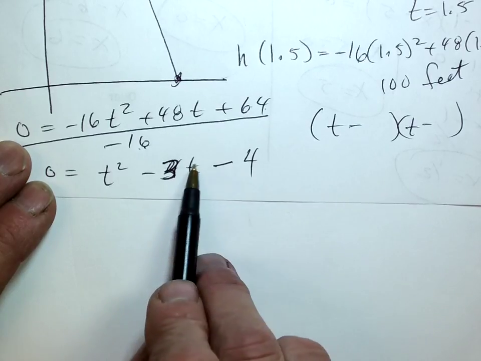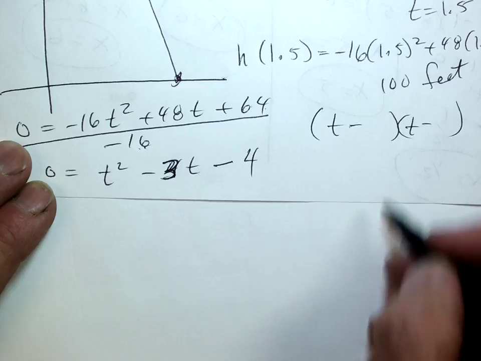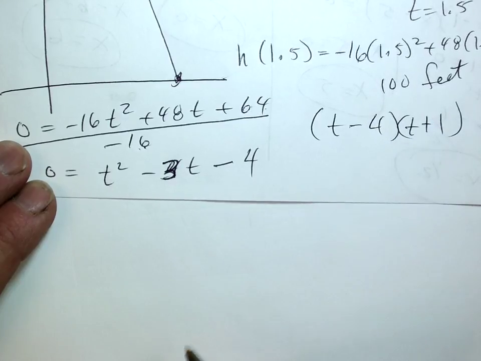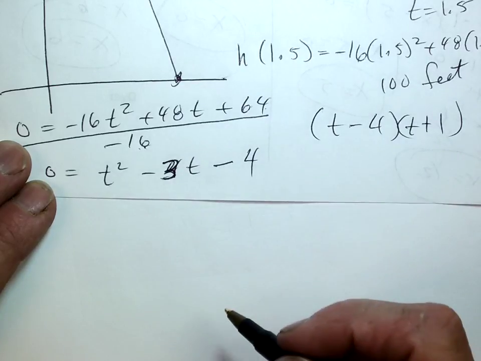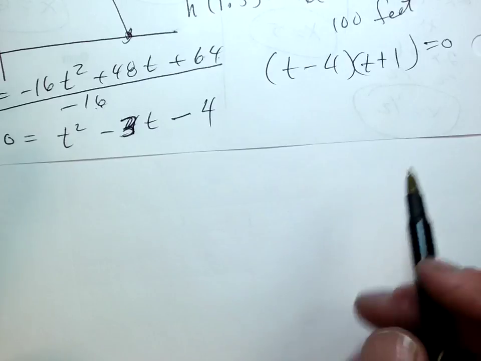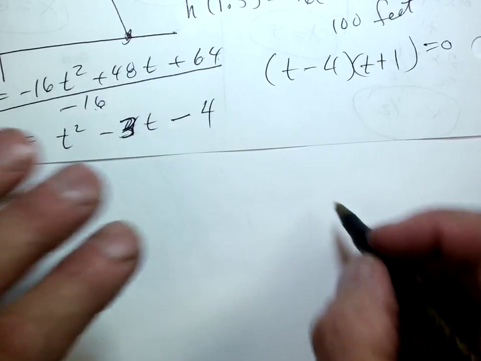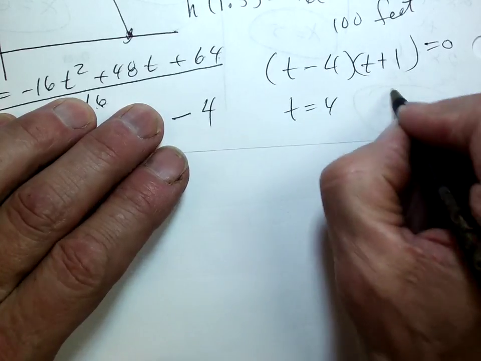Now we have mini equations. Isaac said just do the opposites, so we get t equals 4 and t equals negative 1.